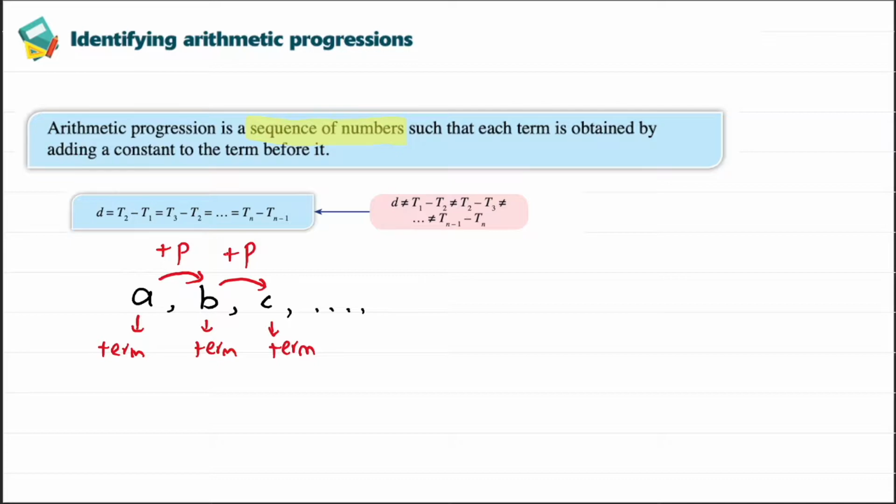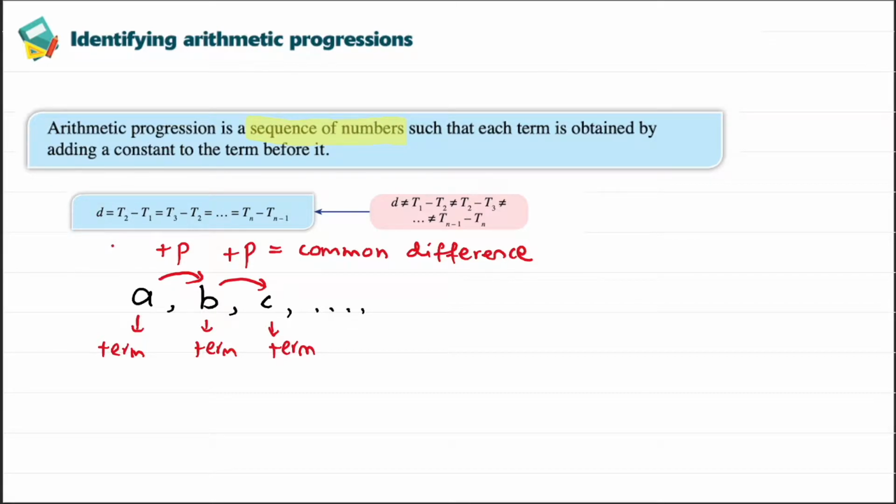Okay, dan apakah yang dimaksudkan dengan plus P, plus P, plus P ni? So plus P lah yang kita panggil dia sebagai common difference. Okay, so kenapa difference? Sebab dia refer kepada apabila kamu tolak term yang besar dengan term yang kecil.